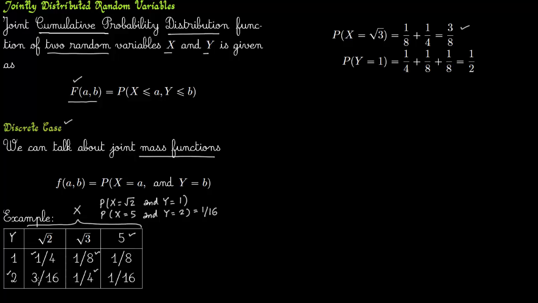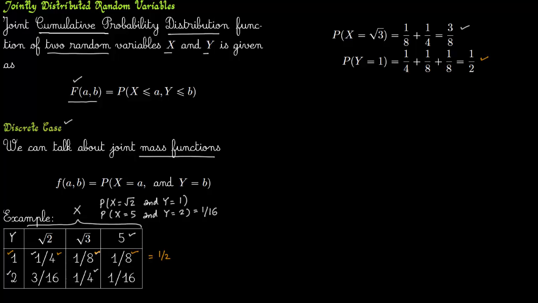Now you look at y equals 1, and add up all the values of x corresponding to y equals 1. There are three values, 1 by 4, 1 by 8 and 1 by 8, which add up to half.